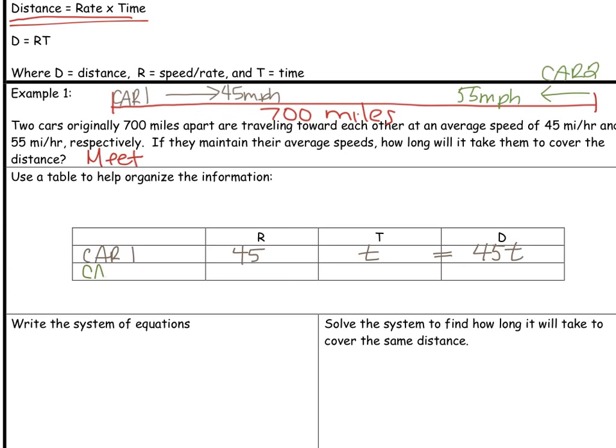Car 2 has a rate of 55 miles per hour. We don't know car 2's time either, but we do know the distance, which is 55t, because distance equals rate times time. We just know the distance in terms of the time.